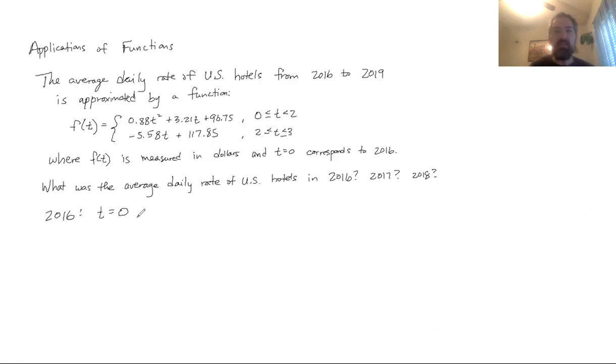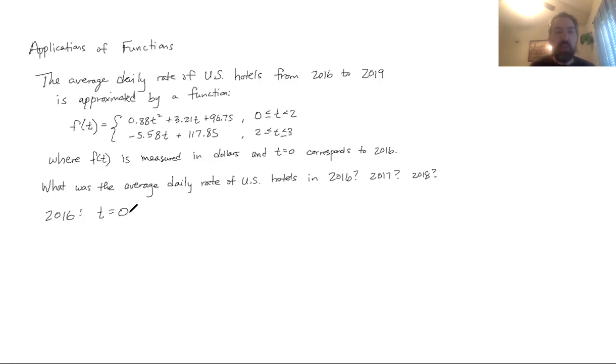In many of the applications of functions, we'll use t because time is our most common input, our most common domain. So if we have time, that's usually going to be represented by t as opposed to x. But they mean the same thing. If you're more comfortable with x's, you can replace those t's with x. All right, so 2016 corresponds to t equals 0.